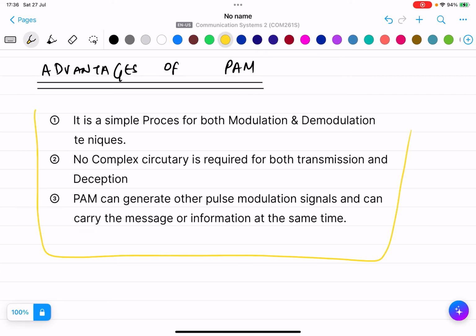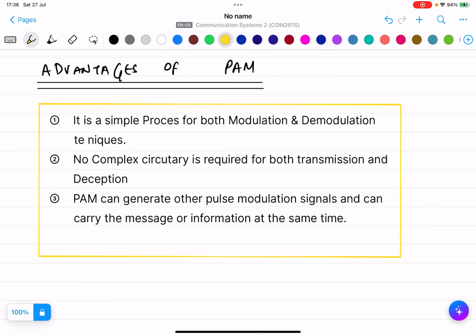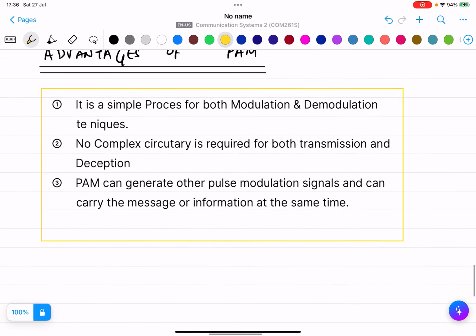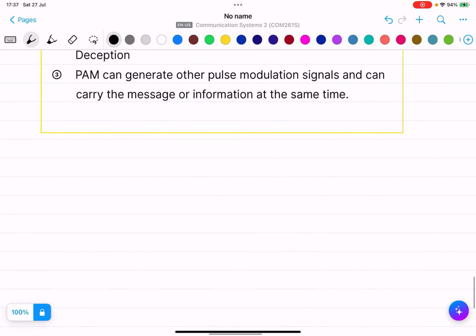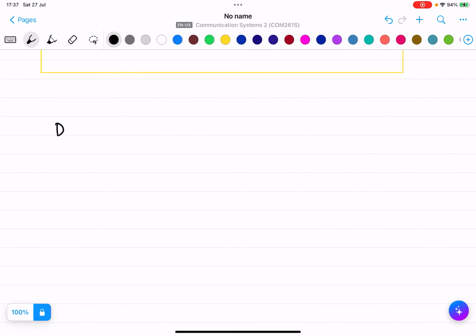Now next and the last topic of this PAM is the disadvantages of PAM. So what are the disadvantages of PAM?